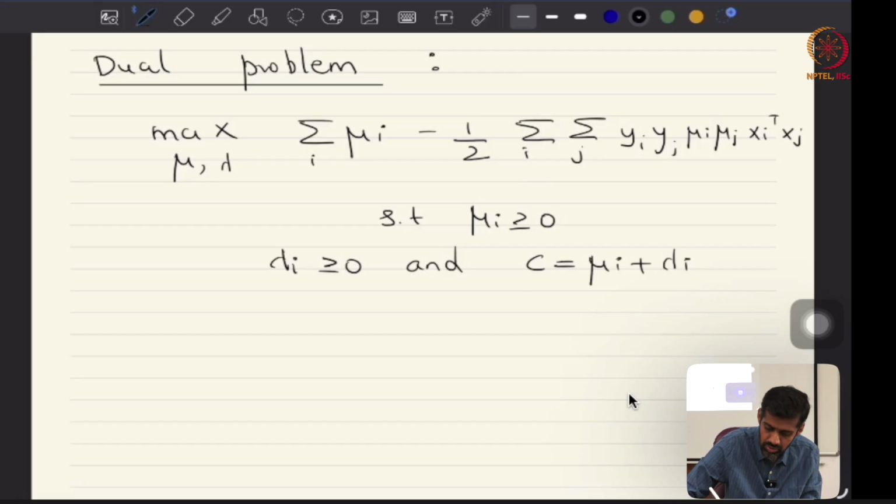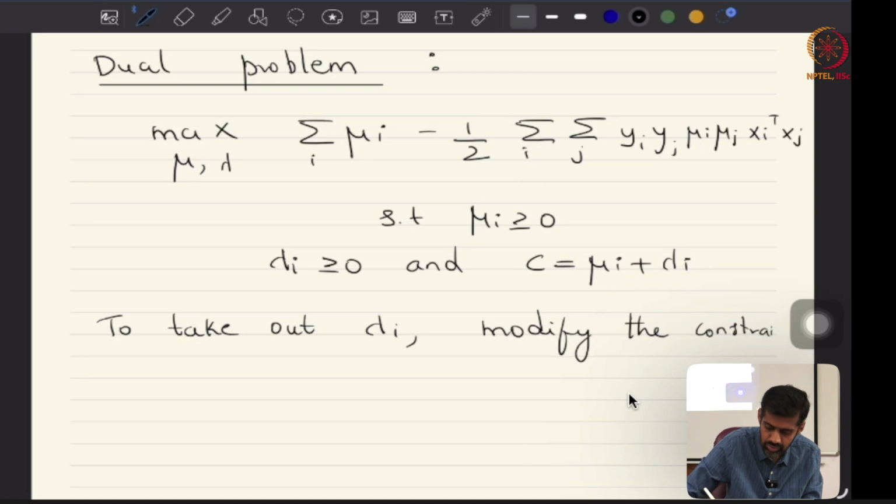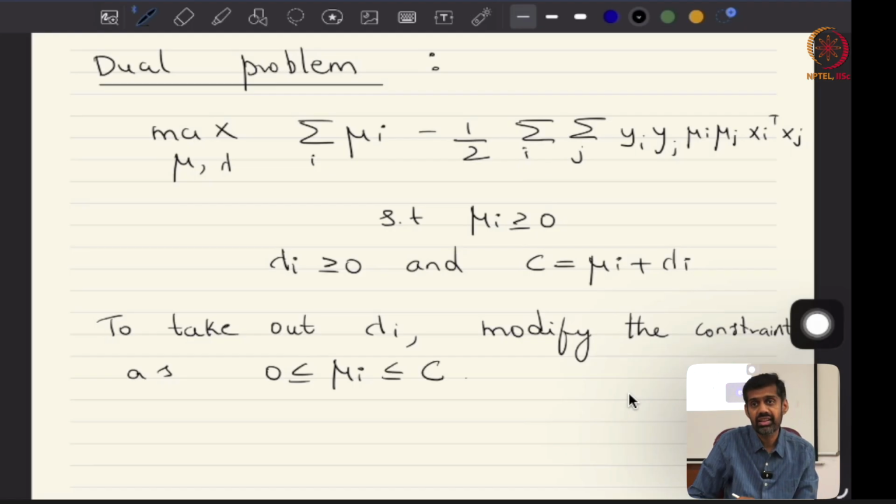To take out lambda, modify the constraint as follows. Force mu_i to be less than C. If I make mu_i less than C, then I can give away this lambda being greater than 0, correct.